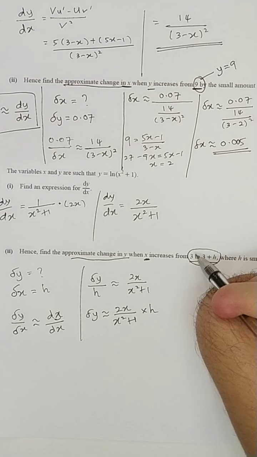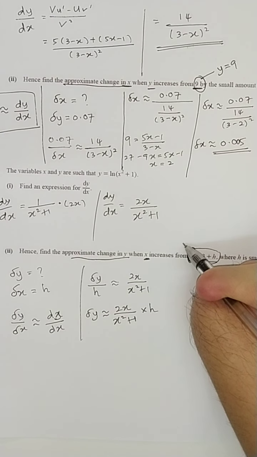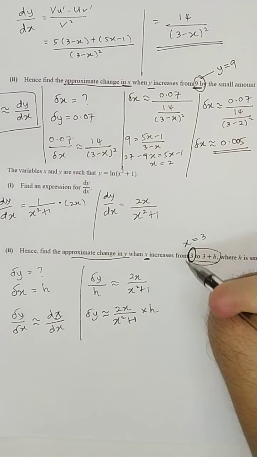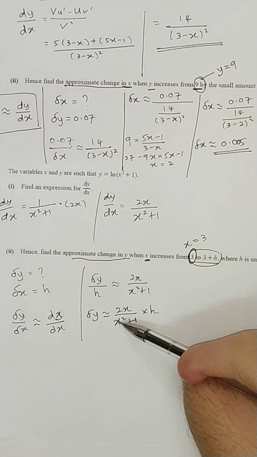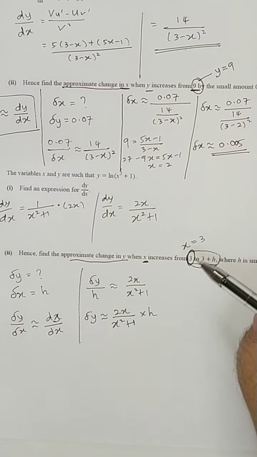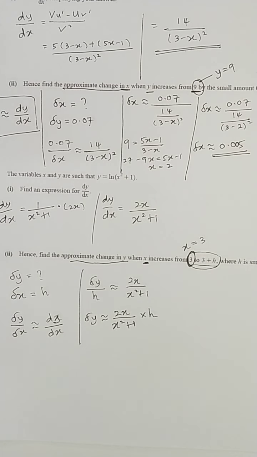So the initial value, which is 3, represents x. Always remember this x represents the initial value before the increment. So x is equal to 3.